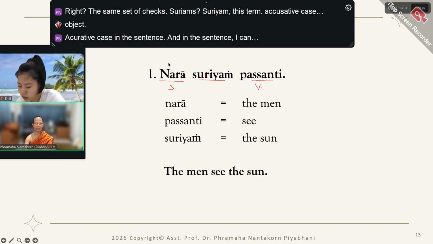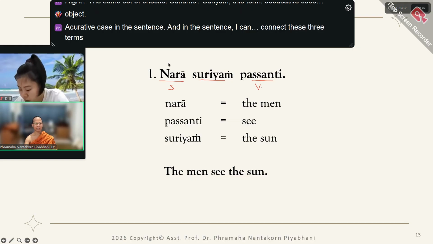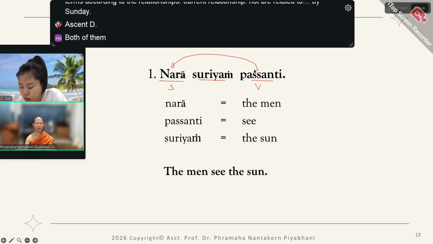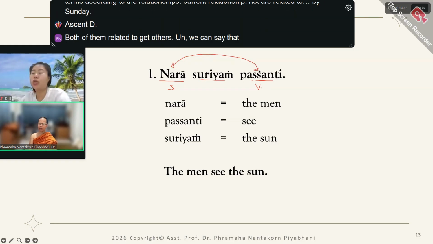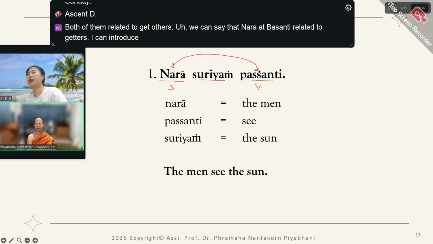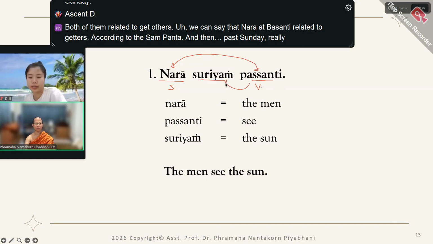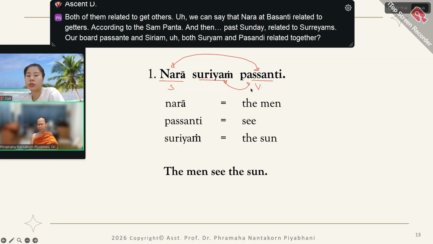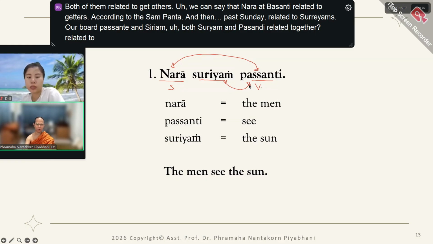In the sentence, I can connect these three terms according to the relationships. Nara is related to Pasanti. Both of them are related together, or we can say that Nara and Pasanti are related together according to the Sampanta. And then Pasanti is related to Suriyam, both Suriyam and Pasanti related to each other.